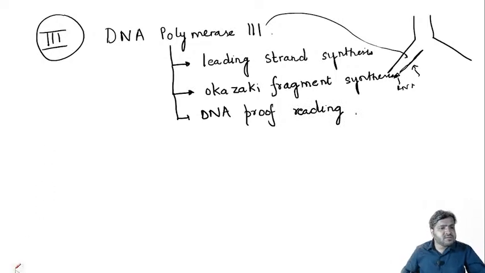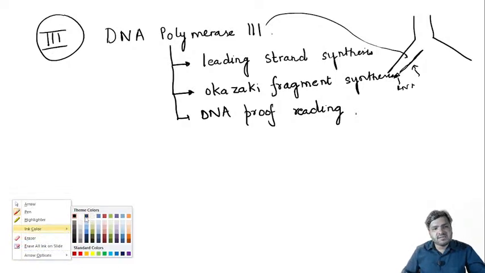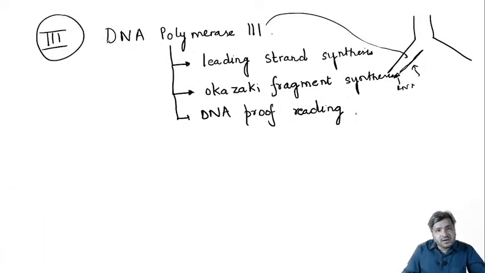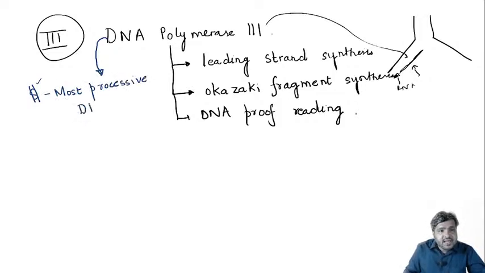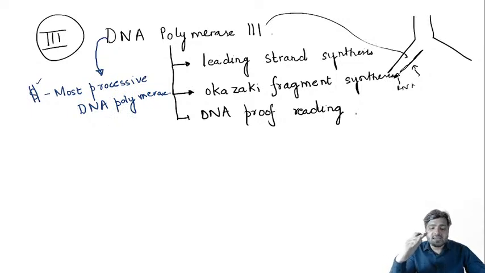Now, some of the questions which have been asked in the NEET PG exam, guys, I wanted to mention with a different color so that you can all mark this with a dollar. Remember that it is the most processive DNA polymerase. So what does that mean? Once DNA polymerase binds to the DNA, it will add the maximum number of nucleotides.